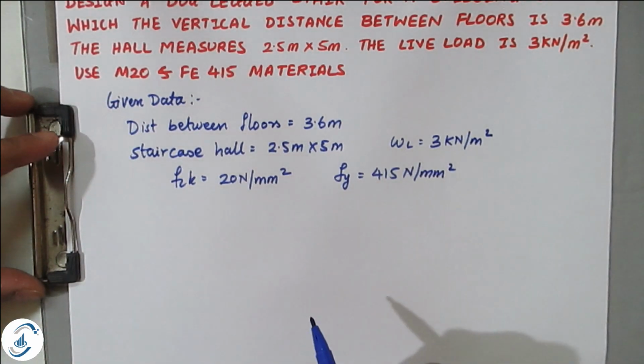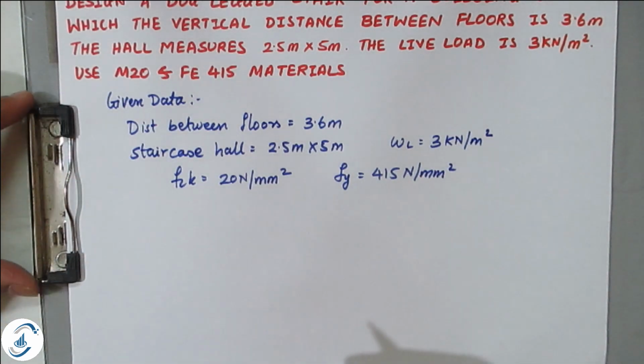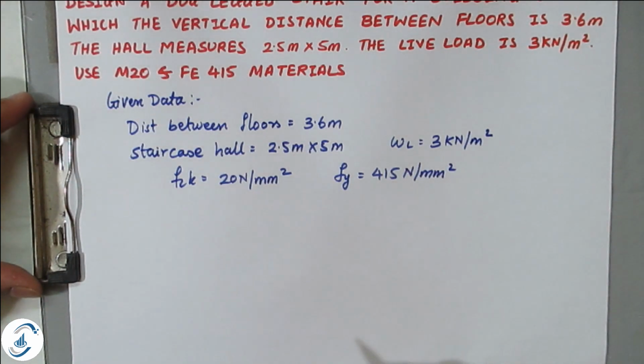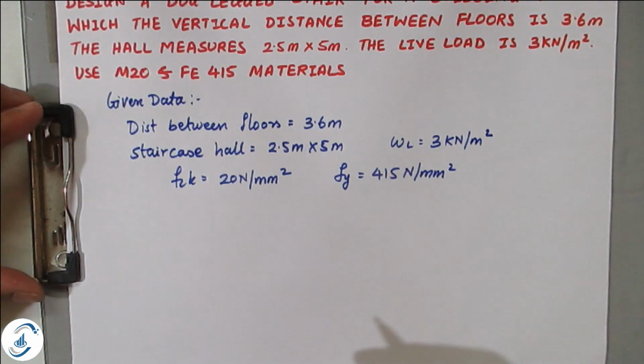This is the small data they have given, and from this data we have to proceed with the further calculations. So first we shall assume the dimensions of rise and tread. That is very important. Rise and tread, I hope everybody knows from the concept of building construction and drawing. For a normal residential building, the assumption of rise is 150 mm and tread is 250 mm.